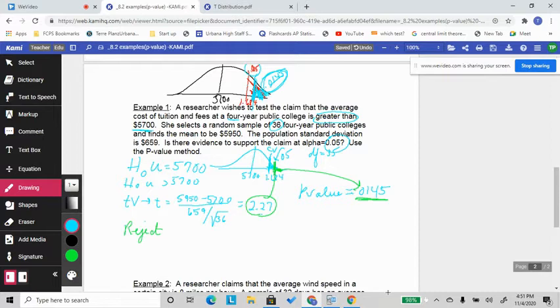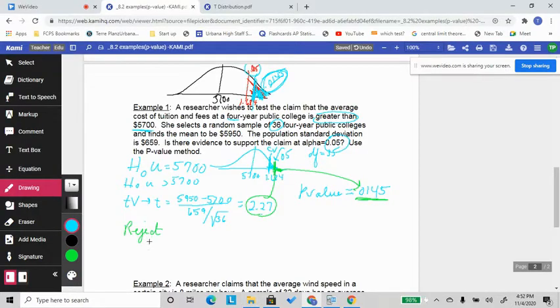If your test value lands in shaded, you reject, or if that p-value, that tail area, is less than your alpha, then you reject. Okay, all right, so let's go back up there and let's write our sentences first.